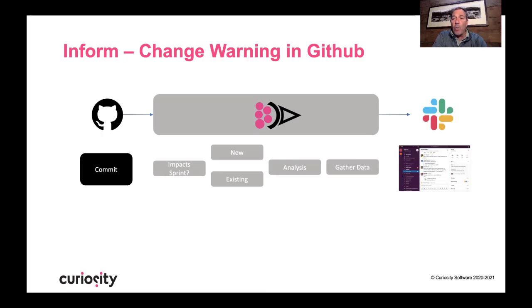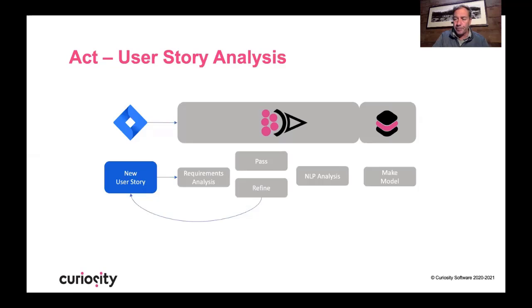And within Slack, we're going to give the tester all the information required, do all the data archaeology for you to say, here's the commit, here's the requirement, here's the developer, here's the last developer who touched it, here's the last tester who touched it, and here are the tests that are associated with this particular commit, or here are the gaps associated with this commit. This is timely information delivered to the desktop of the individual in order for us to take action.